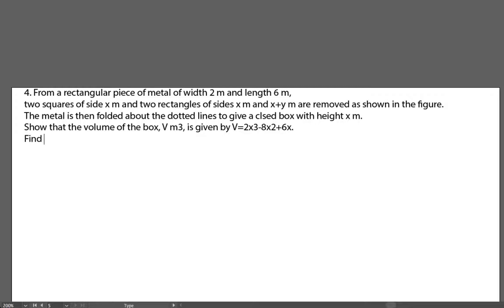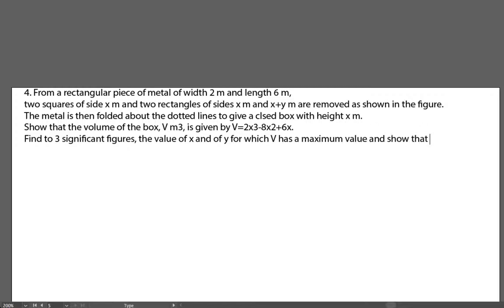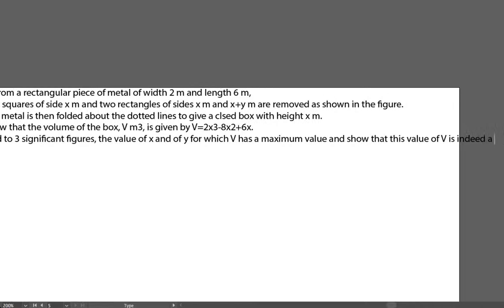Find, to three significant figures, the values of x and of y for which V has a maximum value, and show that this value of V is indeed a maximum.